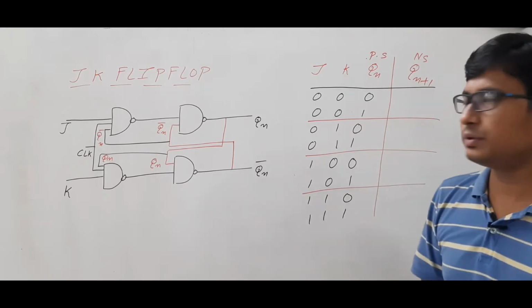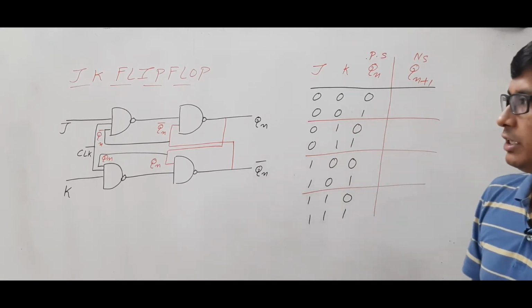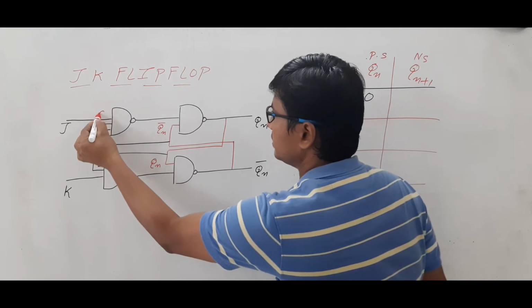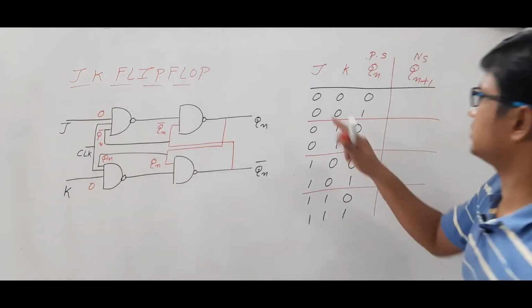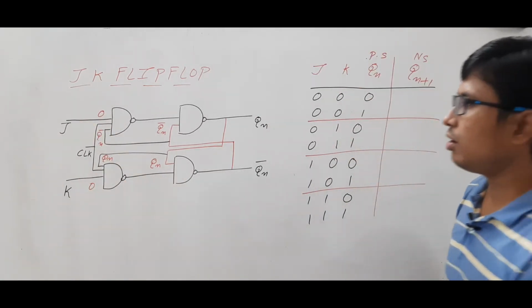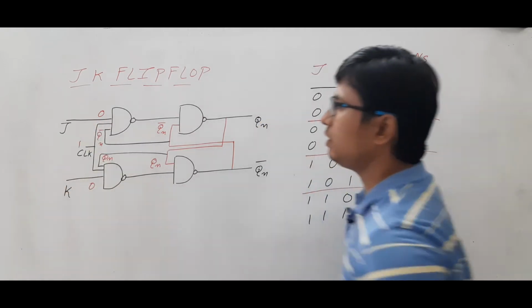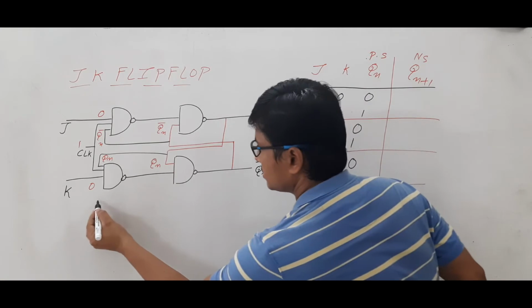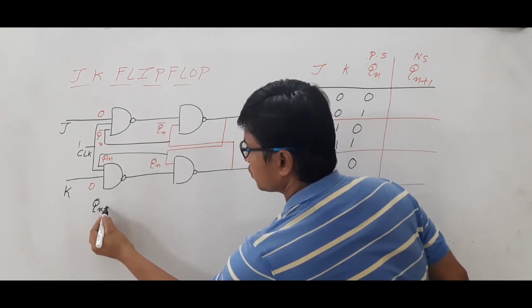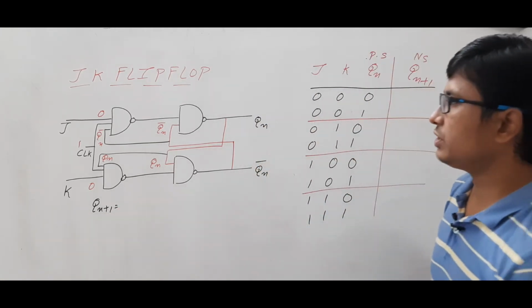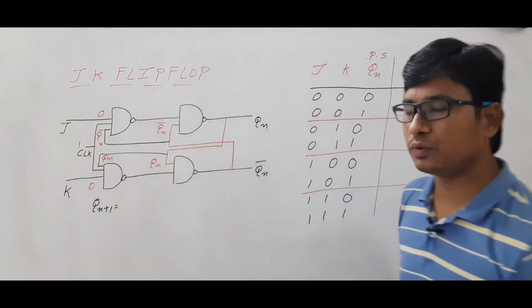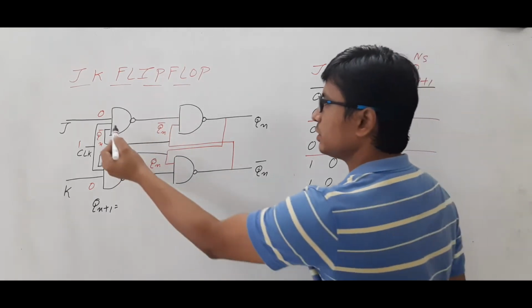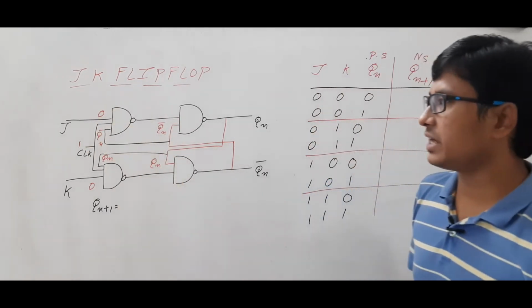Now I will keep the J and K values as 0, 0 initially. I want to discuss this case, and the clock is 1. Now tell me what will be Qn plus 1. First I need to find the input for this one. How will I get the input? What will be the output of this NAND gate?